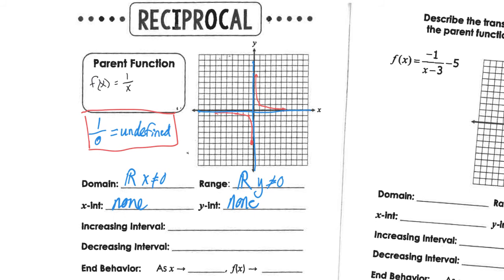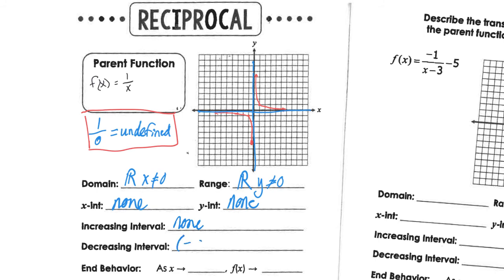The increasing intervals and decreasing intervals, as you come from the left to go to the right, you'll notice that both of these pieces, both of these segments, will be decreasing. Right? They're always going down as you go to the right. So there is no increasing interval, but the decreasing interval, there's two sections to it, so you're going to have to give me an interval for both of them.